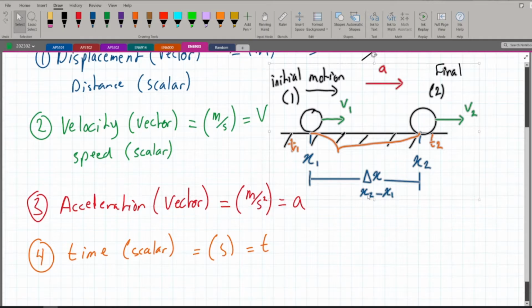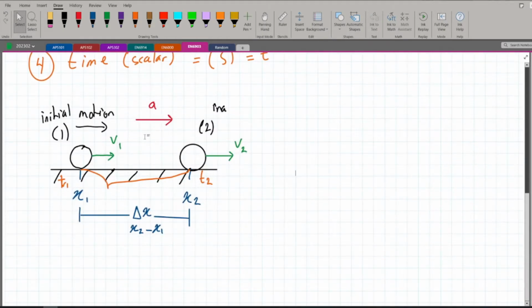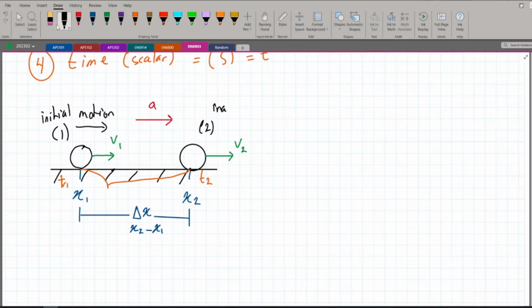So, as I was saying earlier, we have initial and we have final. Usually the way they would write this is, instead of writing x1 and x2, v1 and v2, they will be writing x0 and xf, meaning x initial and x final.